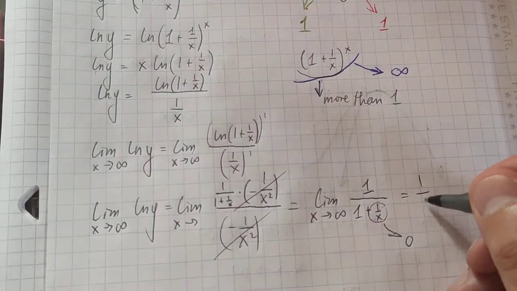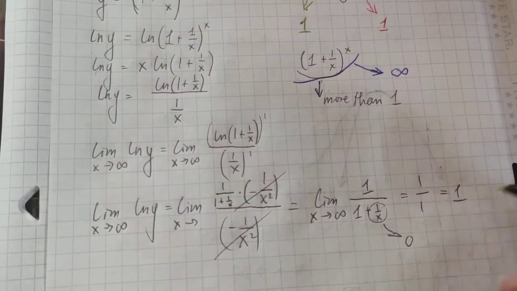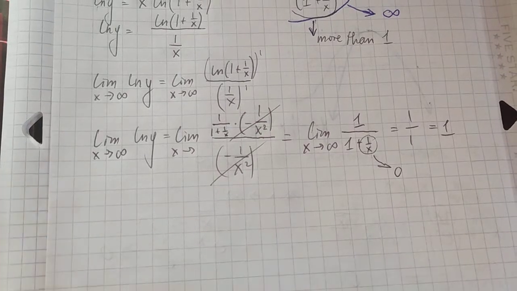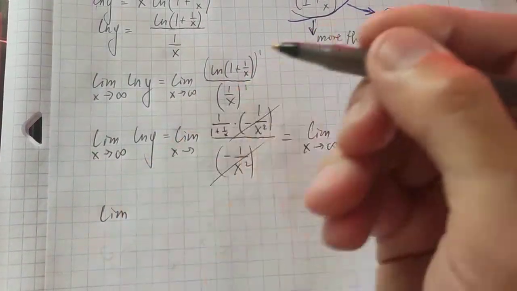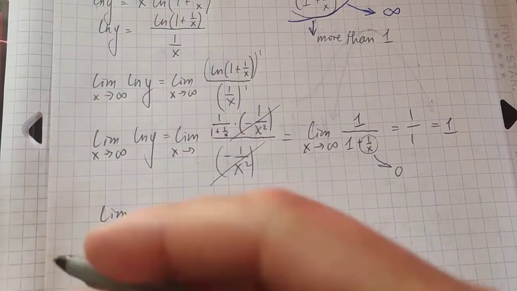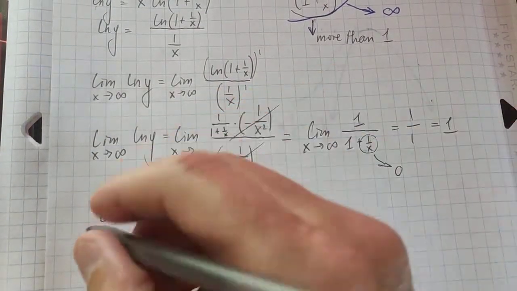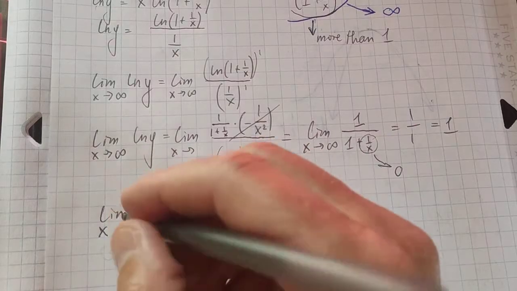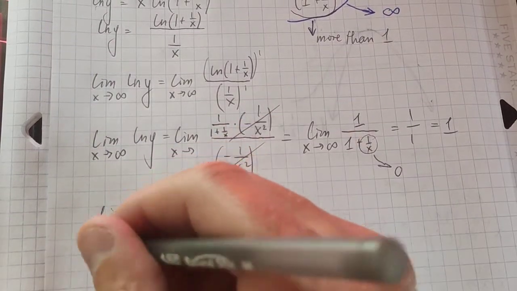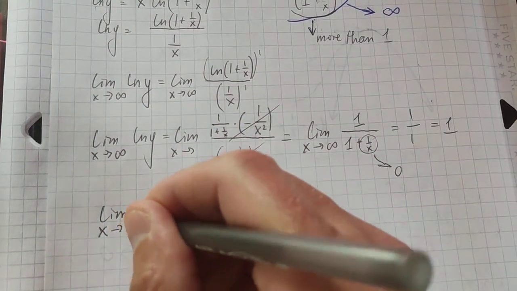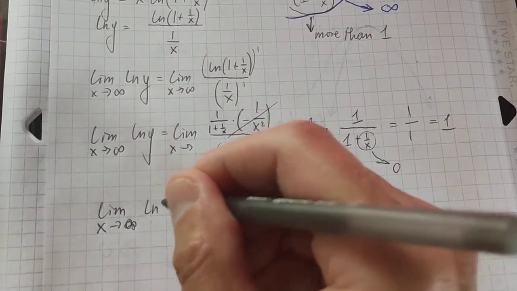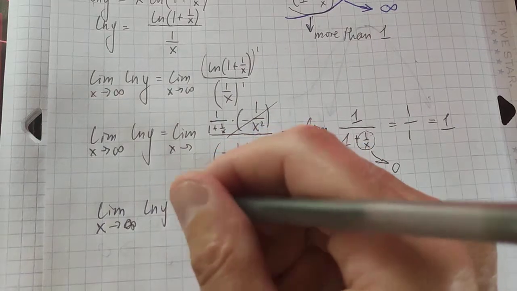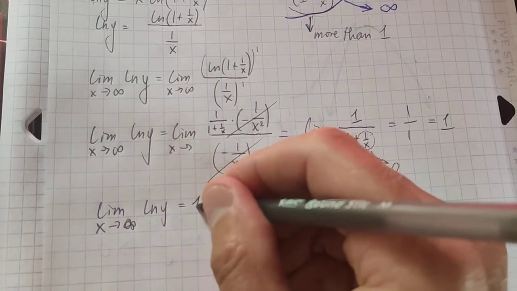So I have 1 over 1, which is 1. Okay, so let's see, what do we have now? We have that left side still, so limit x approaching infinity, and now I have that natural log of y equals 1.